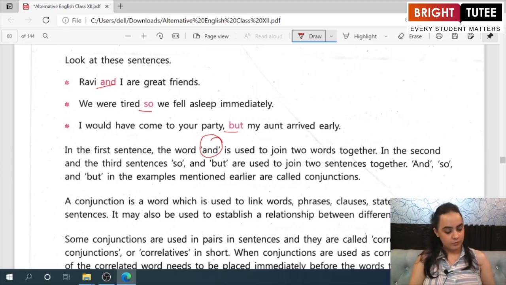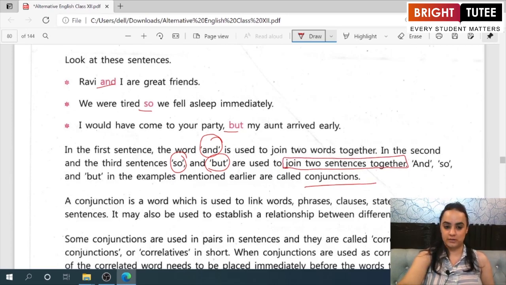Ravi and I are good friends. In the second sentence, we used so and but. So and but are examples of conjunctions. So, as I told you, those words which help you to join two sentences together are known as conjunctions.